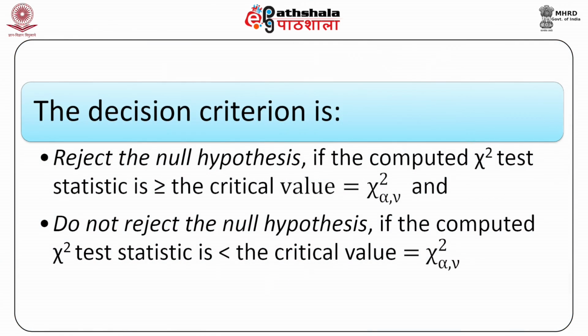The decision criterion is to reject the null hypothesis if the computed chi-square test statistic is greater than or equal to the critical value, which is known as chi-square alpha nu, and do not reject the null hypothesis if the computed chi-square test statistic is less than the critical value chi-square alpha nu, which is a corollary of the first one.